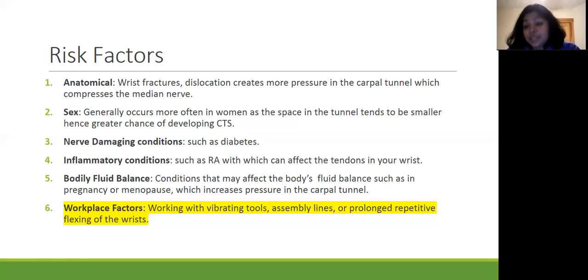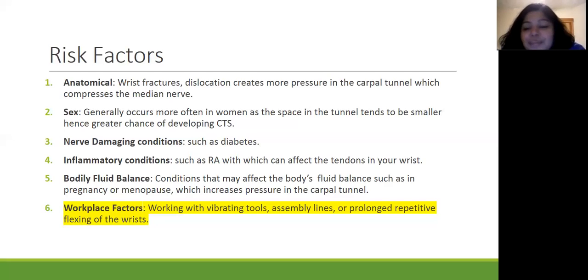But with the immediate swelling that occurs in the first two or 3 days, it produces again that same sort of pain. So that's exactly what they're describing here, this bodily fluid balance. If there's too much fluid, it can increase the pressure in the carpal tunnel, therefore increasing the pressure exerted on the median nerve and also on the tendons.